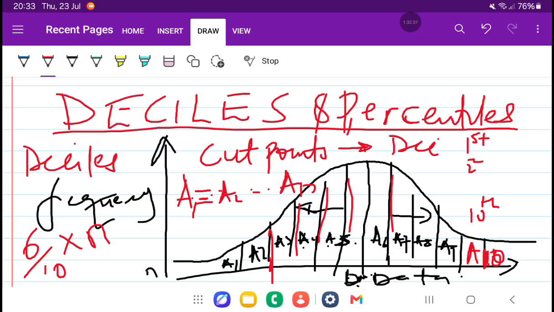You get n plus 1 over 100. Now this time round it will be over 100. Then times p. Our p will be the value. If I'm looking for 20%, then it will be 20 out of 100 times n plus 1.